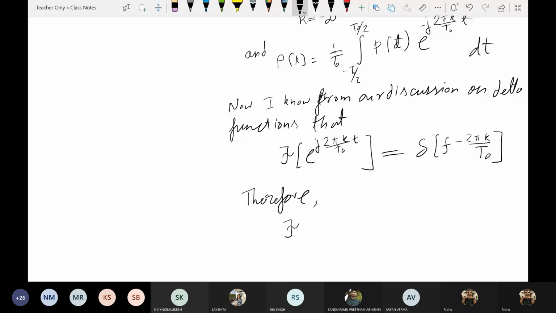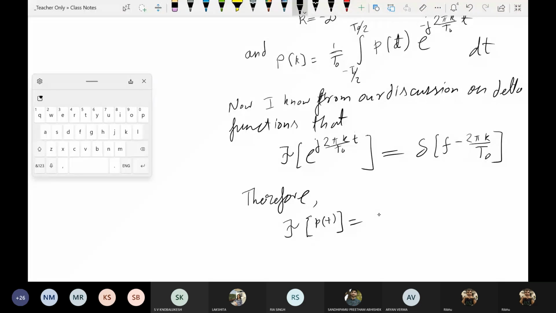Yes. So yeah, therefore the Fourier transform of p(t) can be written as the Fourier transform of the summation of k goes from minus infinity to infinity p_k e^(j 2 pi k by T naught t).